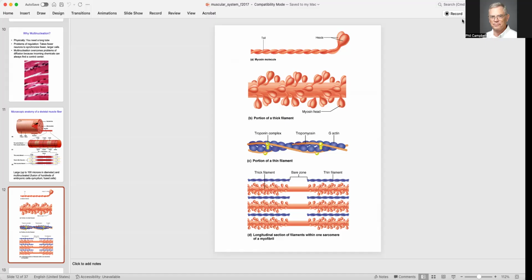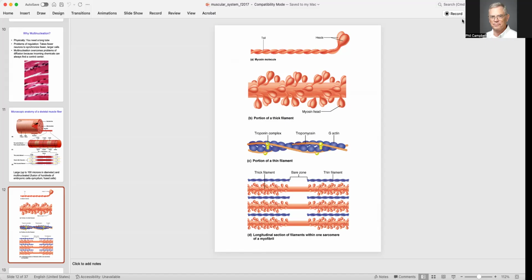Now, let's talk about the thin filament. It's a bit more complex. Again, obviously, these little blue balls are the actual actin molecules. Think of those as little globules, little spheroids, if you will, just for the sake of simplicity. They have to be held in place. They're held in place in the thin filament by something called tropomyosin.